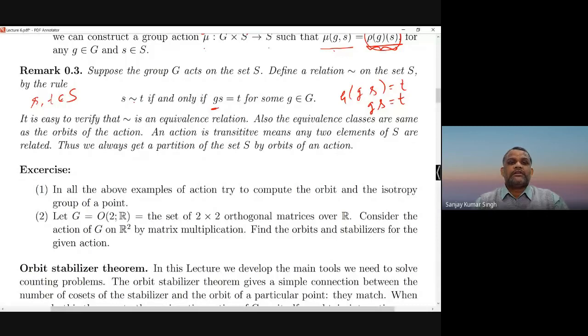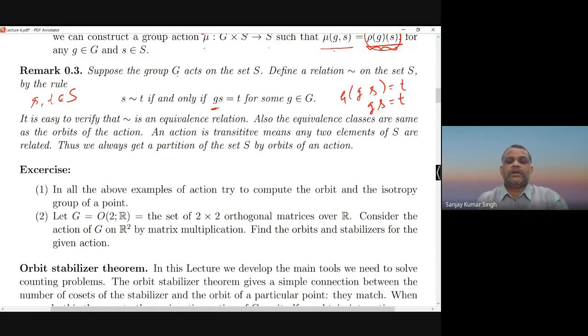So from this remark, I can say a group action is nothing but an equivalence relation which we have already studied. But the important thing is that this is a very nice equivalence relation, coming from groups, so it is going to help me a lot to understand more properties and more results in group theory. So far, if you have any question you can ask.